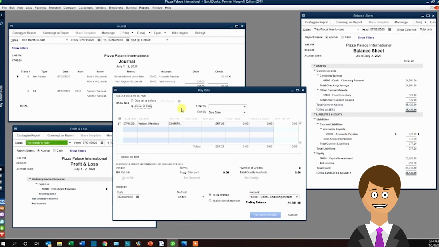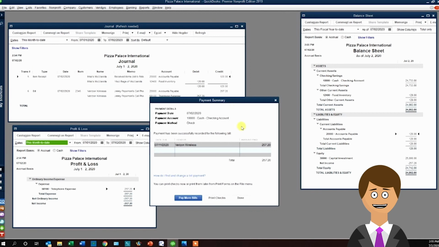So that was a received, not invoiced amount that we have in our accounts payable. But we'll go ahead and pay the bill that actually was received. And this is a Verizon Wireless bill. Even though it's not due yet, we're just going to be good about paying our bills and pay them right away. So for today's date, we're going to write a check. We're going to let the check be printed by the system out of our checking account. So we're going to pay that selected invoice. And now what's going to come up is printing the checks.